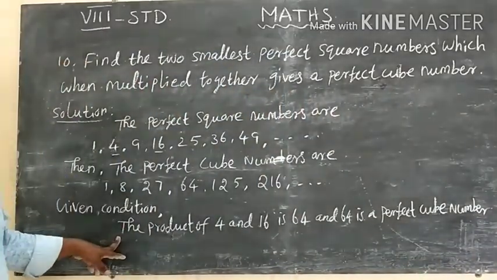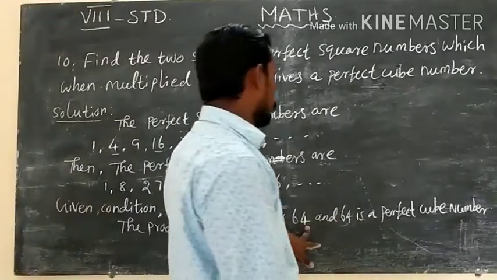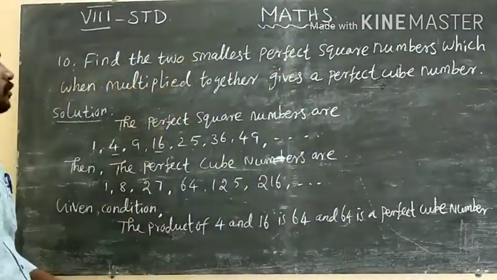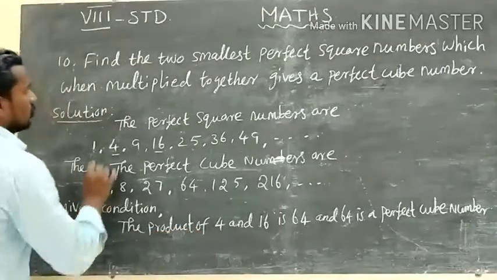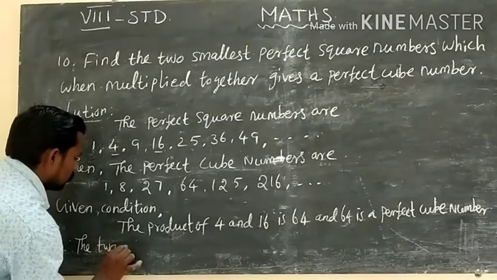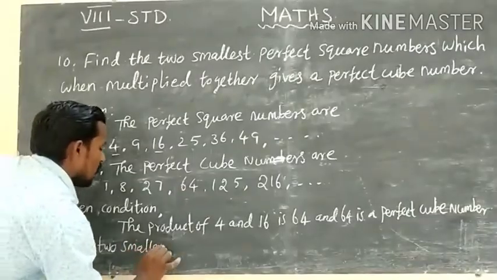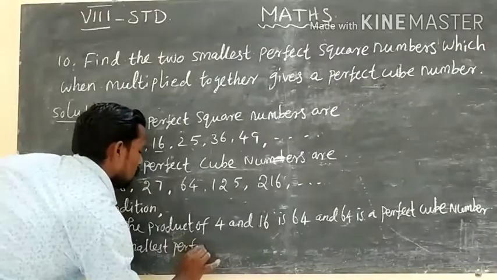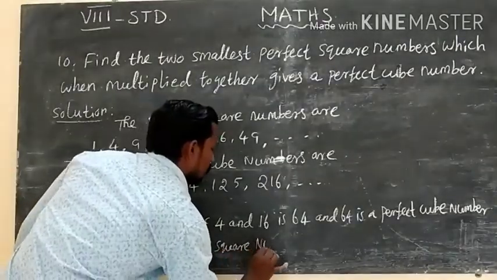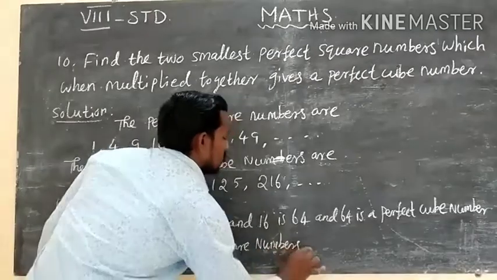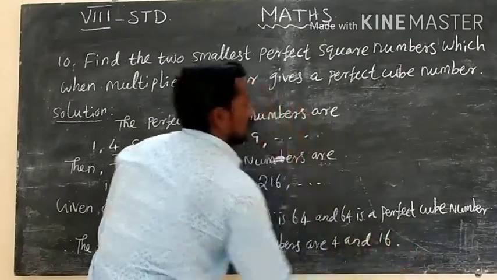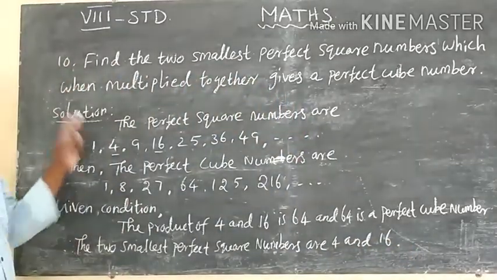This is your answer. The question is to find the two smallest numbers. Therefore, the two smallest perfect square numbers are 4 and 16. Okay, have you understood the answer?